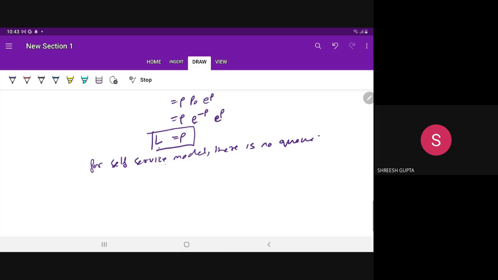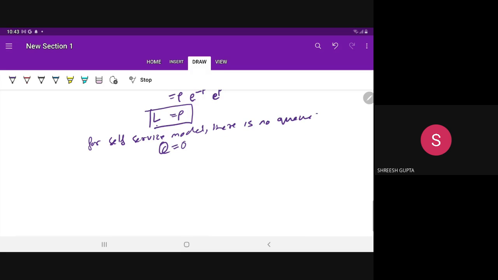If there is no queue, it means number of customers in queue is equal to 0. And we know that n is equal to q plus u, where u is the number of customers in service.